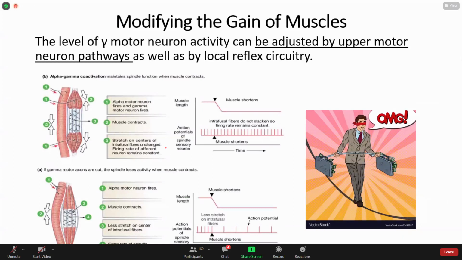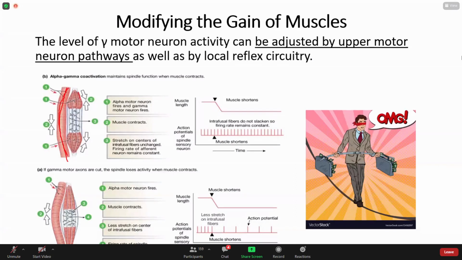You may wonder what really activates the gamma motor neurons. The gamma motor neurons can be activated by the upper motor neurons, okay? Or can also be influenced by local reflex circuitry. And so, as you can see here, this is the skeletal muscle, the extrafusal fibers, okay?